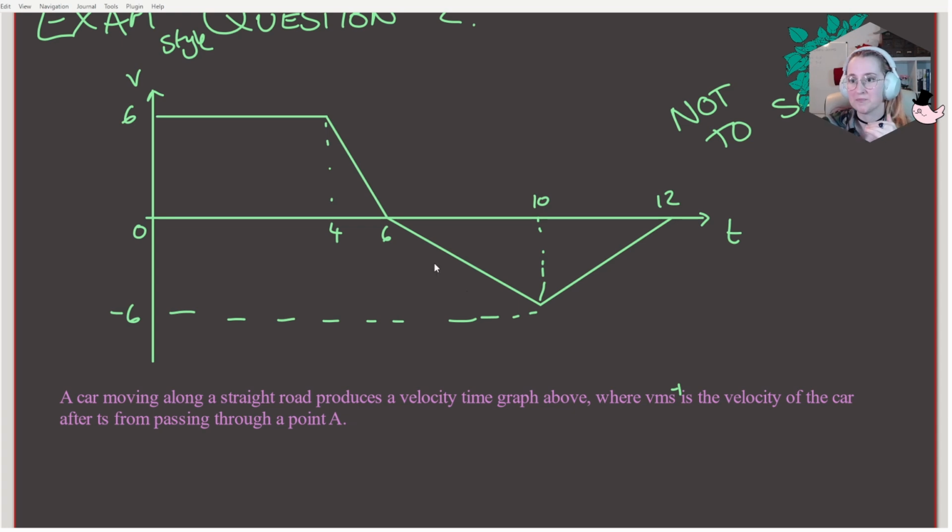So describing this motion, it's a flat v equals 6 for the first 4 seconds of travel. So it's moving with constant velocity in the positive direction because the velocity is positive. It's moving forwards at constant velocity of 6 meters per second for the first 4 seconds, at which point the graph tanks downwards really quickly towards 0.